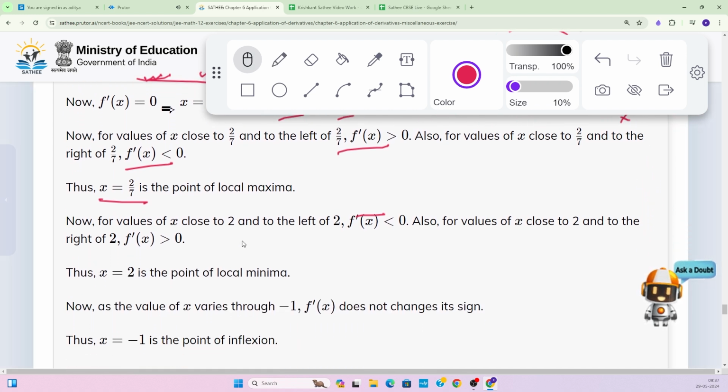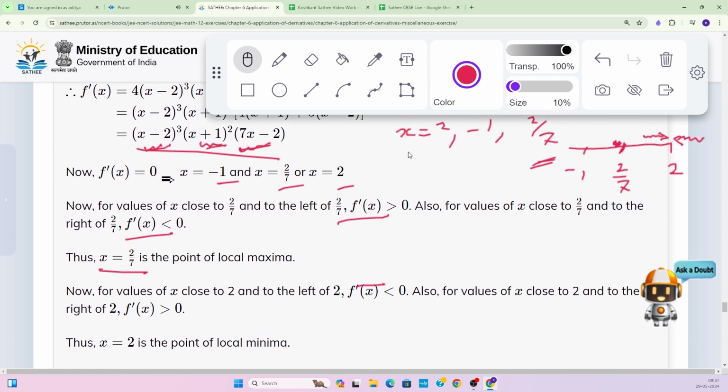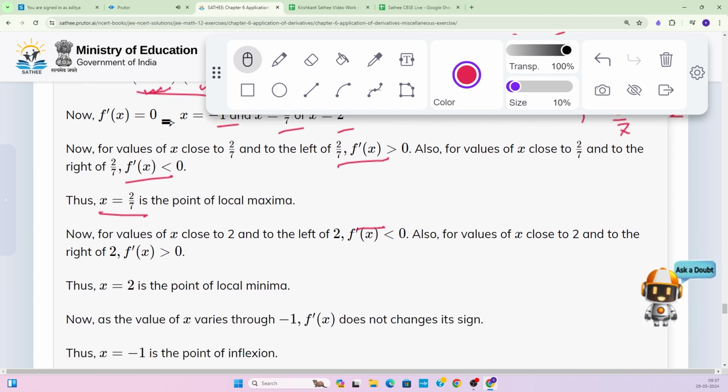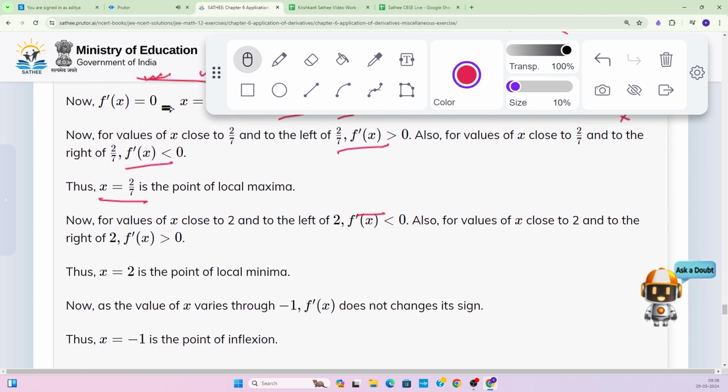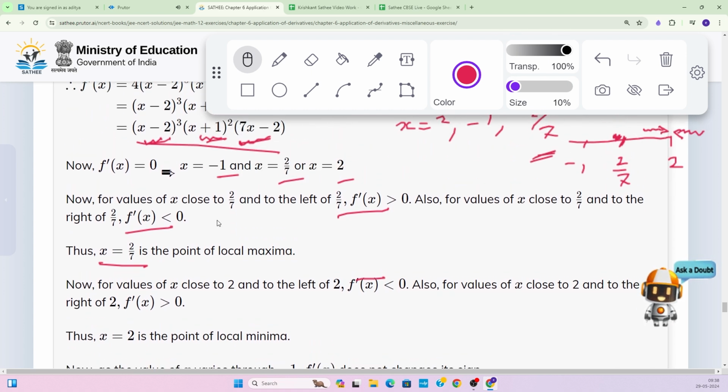Now what about minus 1? As you can see, if you move from the left hand side towards minus 1, then this will be negative, and this is also going to be negative. This means positive. Now what about from the right hand side?